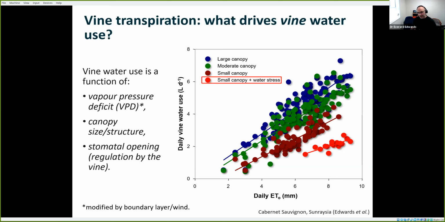So these bright red dots there are actually the exact same vines as the dark red dots, but when they have closed or partially closed stomata. So this is actually generated by water stress, but it doesn't really matter. However you close the stomata, you get the same effect. And so you can see that by closing the stomata, those exact same vines under the same atmospheric conditions have used significantly less water.